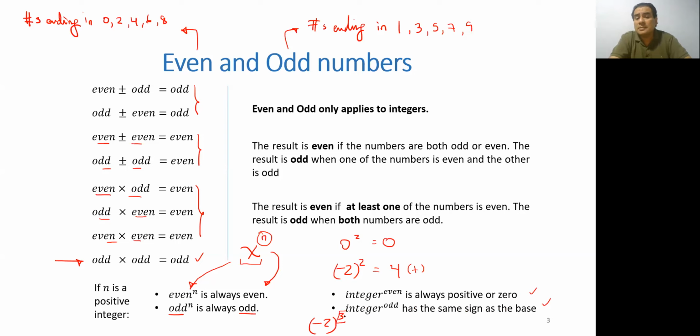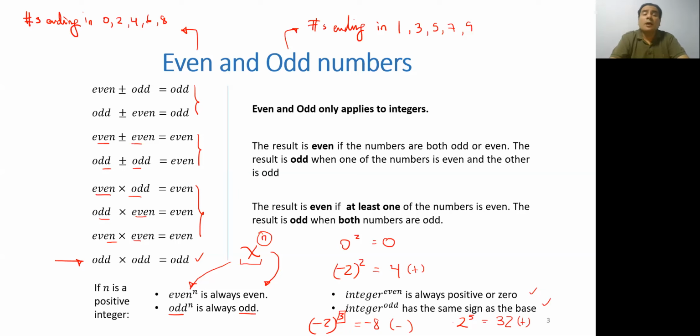Well, since 3 is an odd exponent, the result will be -8, a negative number. But if you have, for example, 2 to the power of 5, well, 2 is positive, so this power will also be positive, same as the sign of 2.